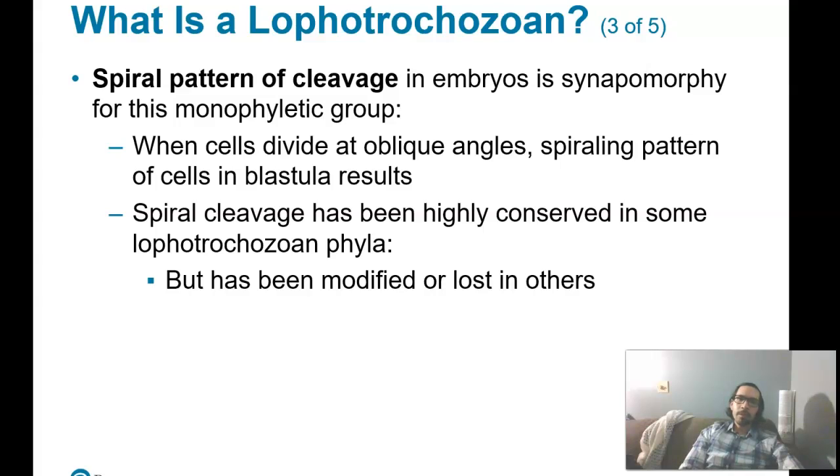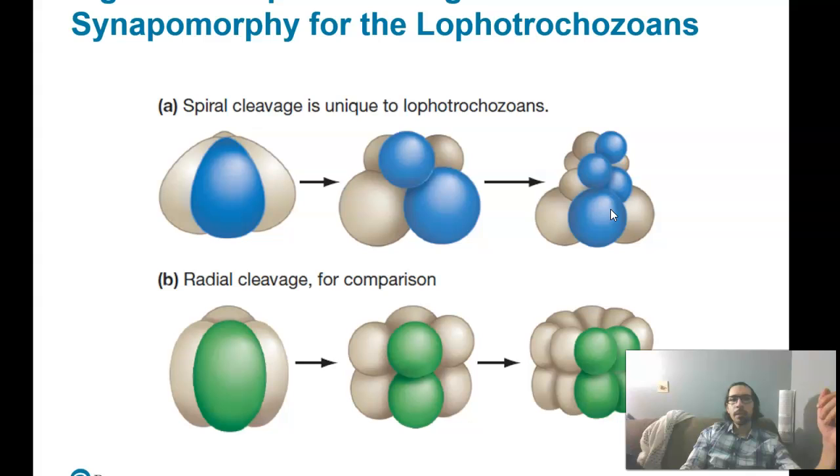And the spiral cleavage has been highly conserved in some of the Lophotrochozoan phyla, but it has also been lost in some others. So here you can see the two types of cleavage next to each other. So when you have a spiral cleavage, the top cells are kind of offset compared to the bottom ones, whereas in radial cleavage, the top cells are right above the bottom cells.